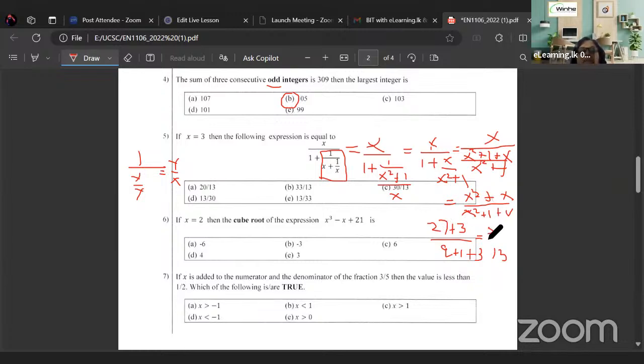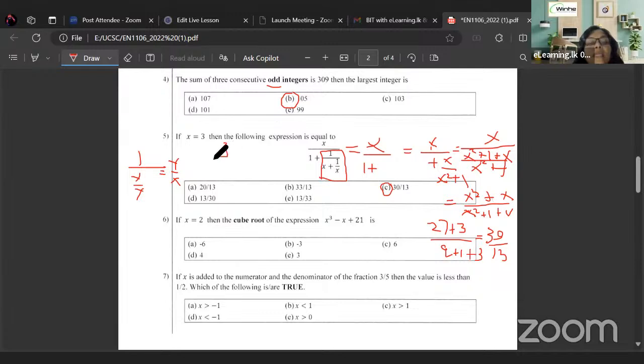So what is the answer? For the fifth one, the answer is C, the one that we have already. 30 divided by 13. There is another method as well. Instead of simplifying x so much, first you can substitute the values.